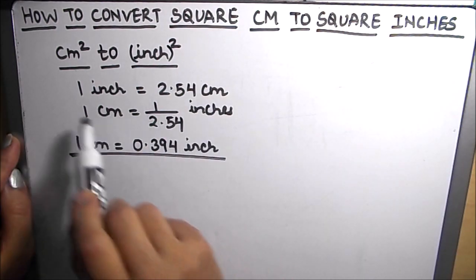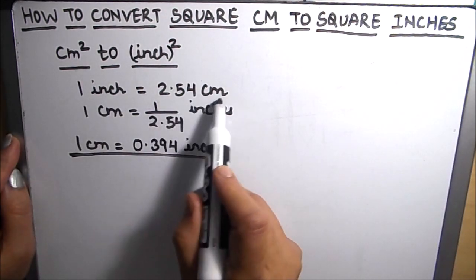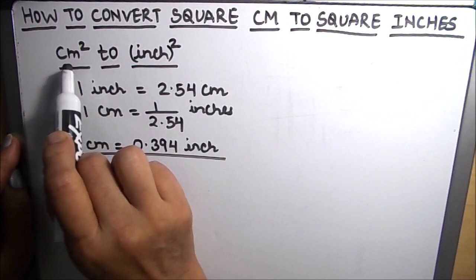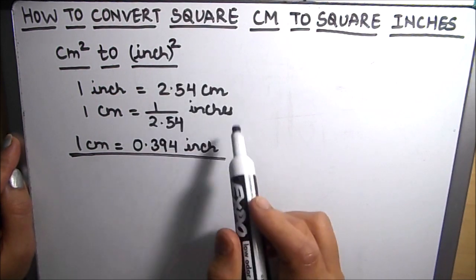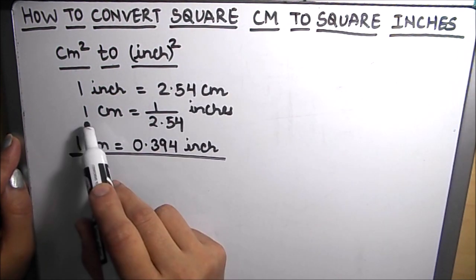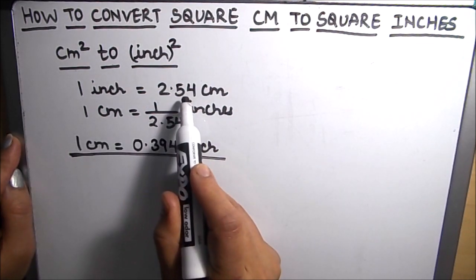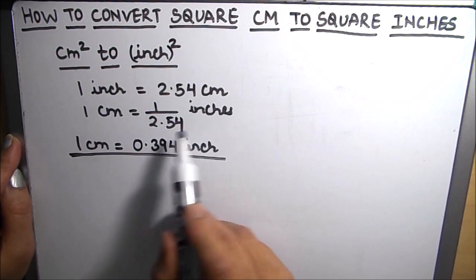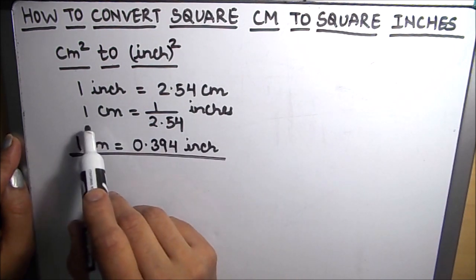As we all know, 1 inch is 2.54 centimeters and we need to convert centimeters square to inches. So for that we'll first find how much is 1 centimeter. For that we can just transpose 2.54 or divide both sides by 2.54 to get 1 centimeter.